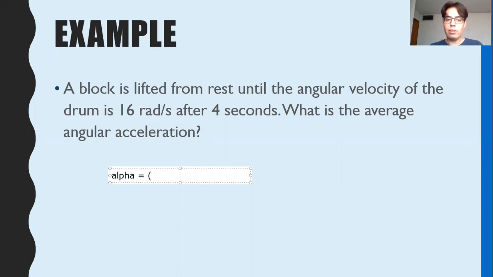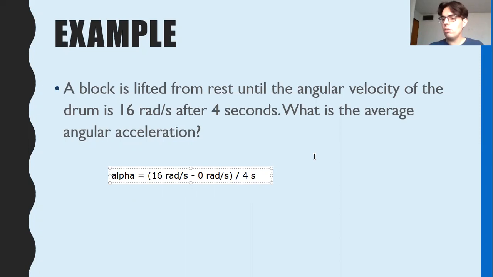the final angular velocity, that is going to be 16 radians per second, subtracted by the initial one that is going to be 0 radians per second. And we divide that by 4 seconds, that is the time that we have.